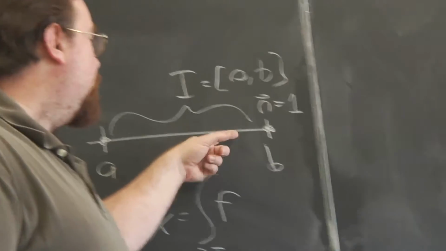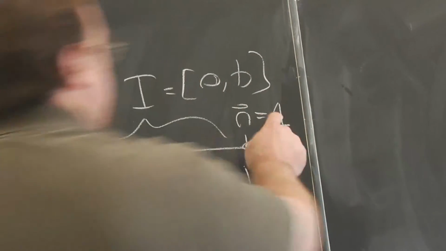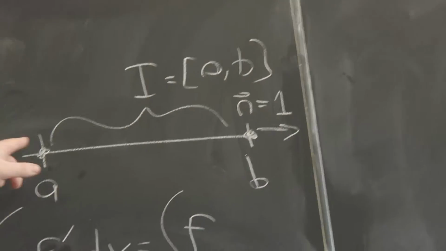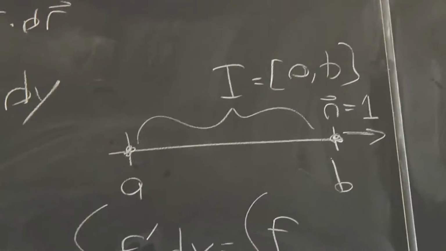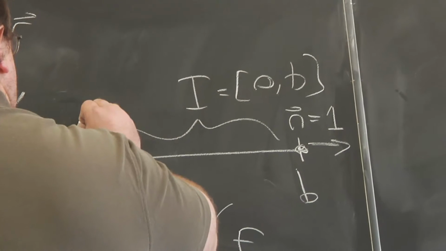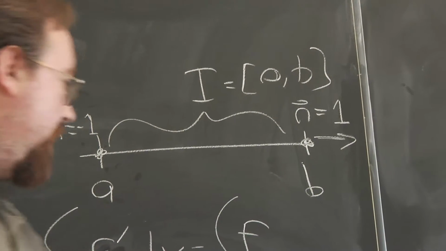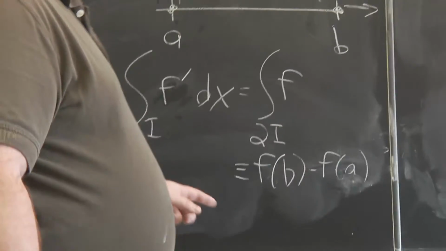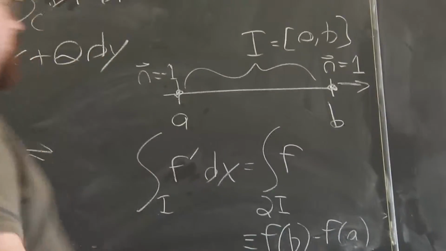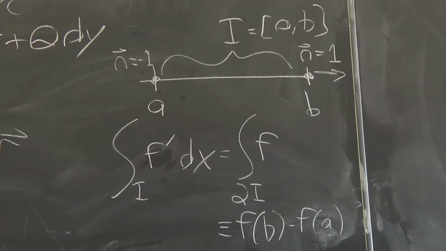Pointing outside of the interval in this direction, the normal is +1. Pointing outside of the interval in this direction, the normal is -1. So it's like we're taking the values of f at the endpoints and taking a dot product with this normal vector, and we get f of b minus f of a, which is very similar to what's going on here.